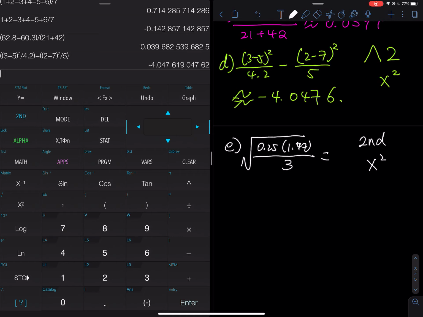All right, second, and then you hit that key. You see a square root, right? Some scientific calculators show SQRT, square root. You have 0.25 times 1.47, and then divided by 3.